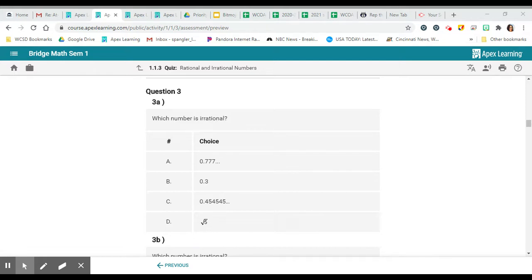So if we look at number 3, A, B, and C are all either terminating or repeating because they have a pattern, except for D. So if you take the square root of 5, you get 2 point some odd, and it just goes on forever. So D would be irrational.